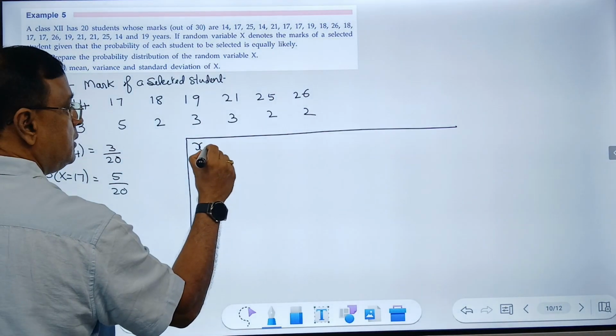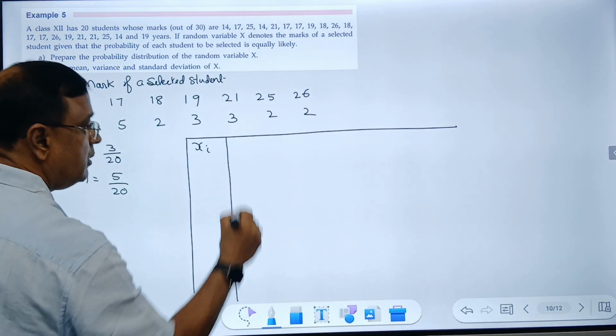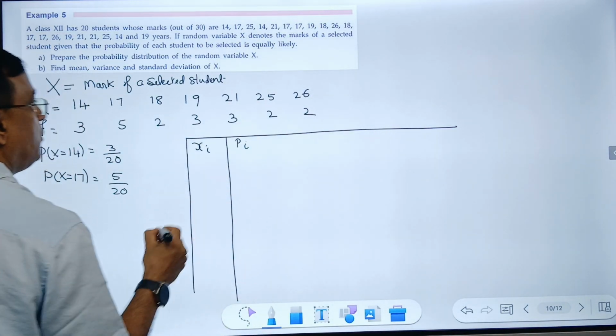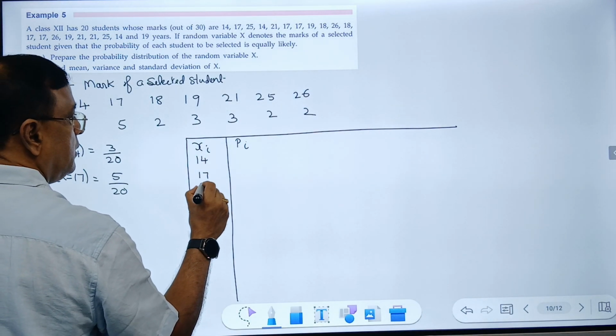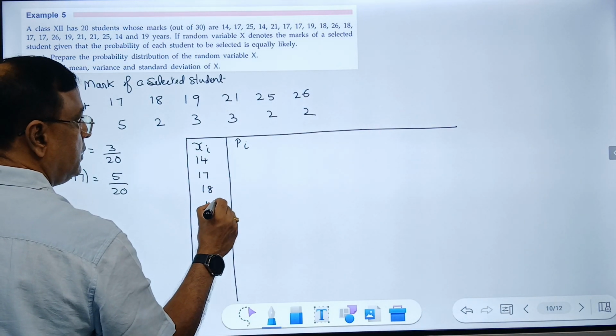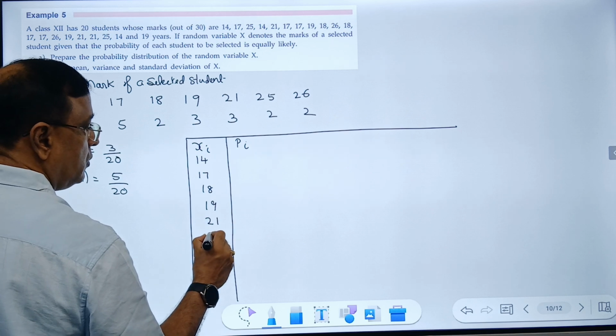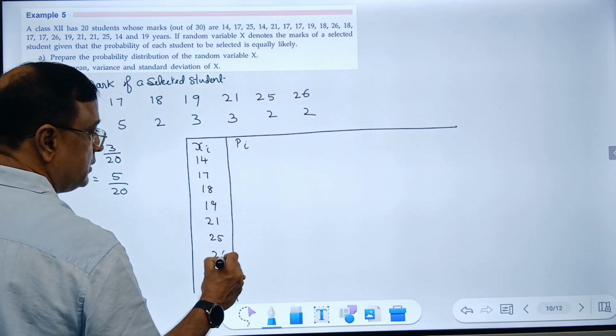This is xi, your random variable, and this is your pi. Now what are the values? 14, 17, 18, 19, 21, 25 and 26.